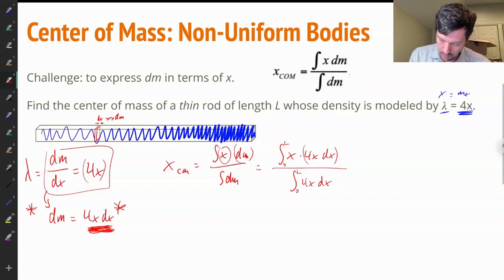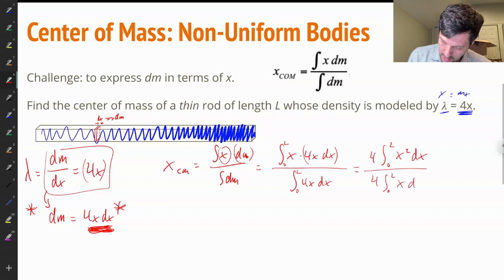So we can pull out constants though. 4, for example, is a constant. So we get 4 times the integral from 0 to L of x squared dx, divided by 4 times the integral from 0 to L of x dx.